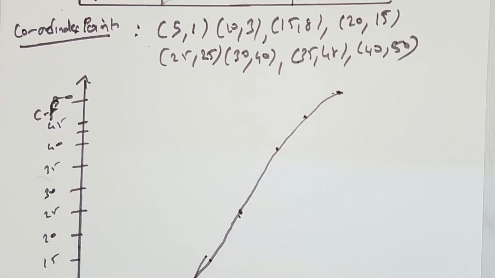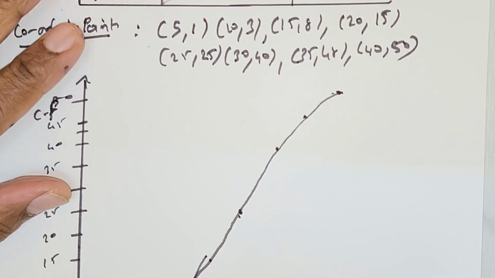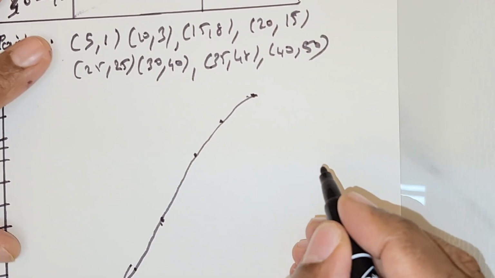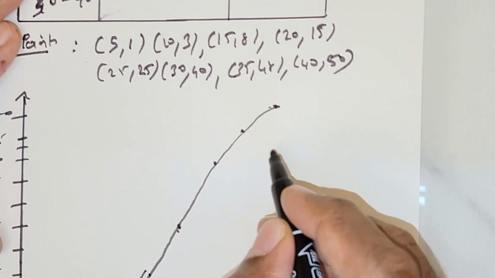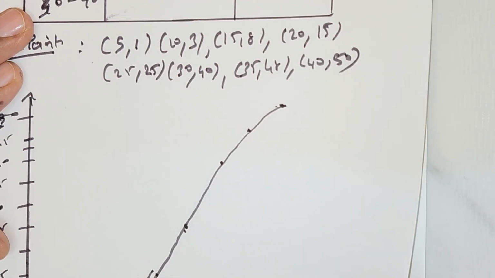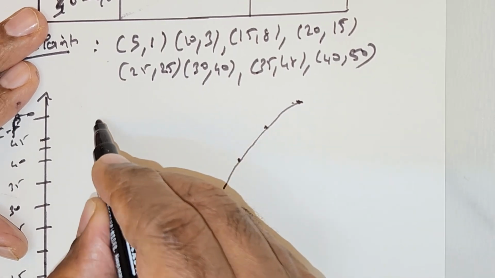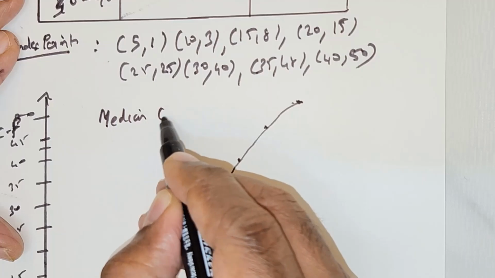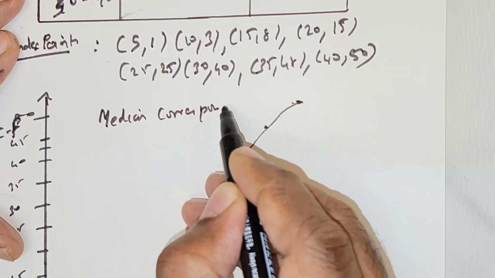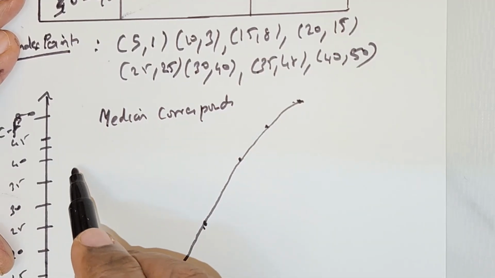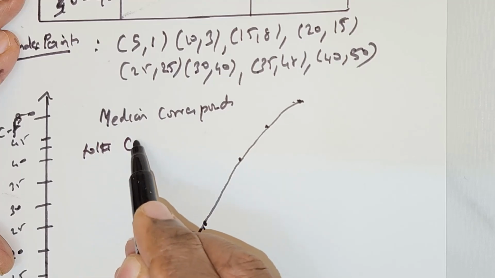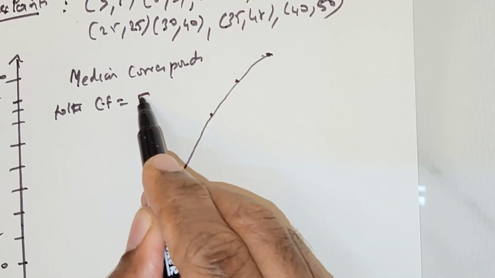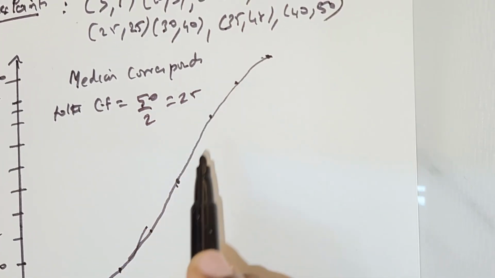Now we are expected to find the median. Okay, so I'm just going to use this side. The median corresponds to the following cumulative frequency, CF. You take 50, you divide by 2, what do you get? 25.